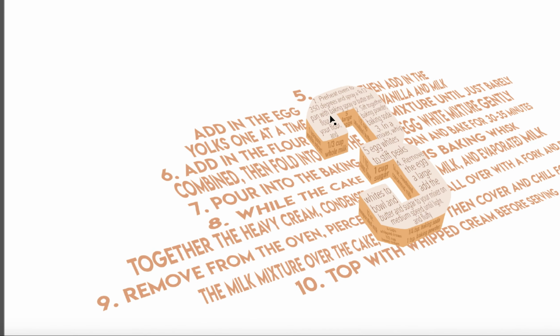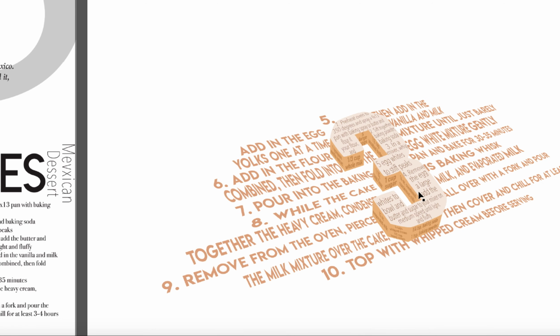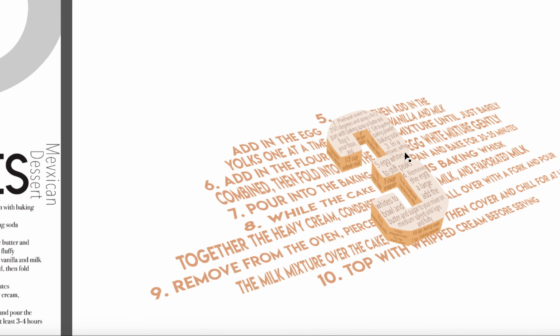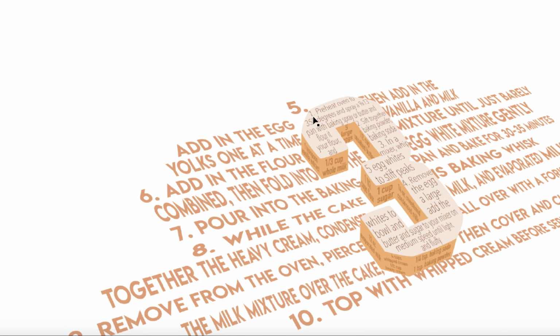And it looks like you have your directions here on the 3, and then your ingredients here on the shadows, which is nice, but it's a little bit too difficult to read. So I see step 1, preheat oven, step 2, step 3. I'm not sure where step 4 is, sorry. Oh, step 4 here, 5.